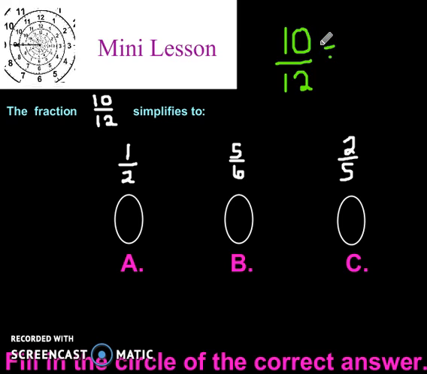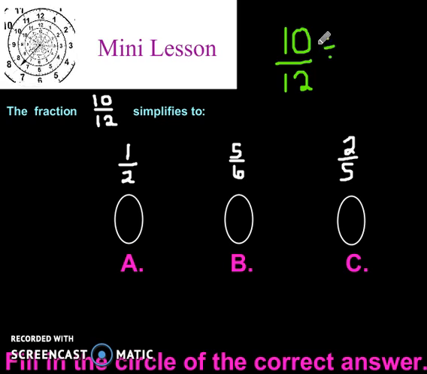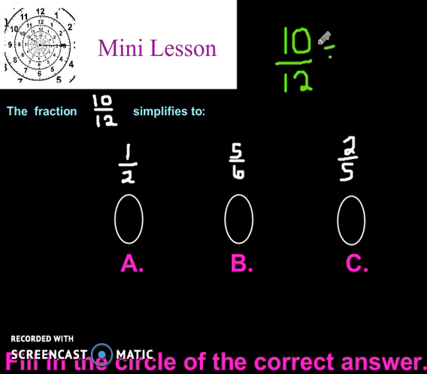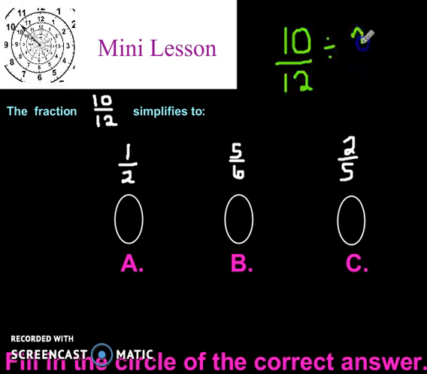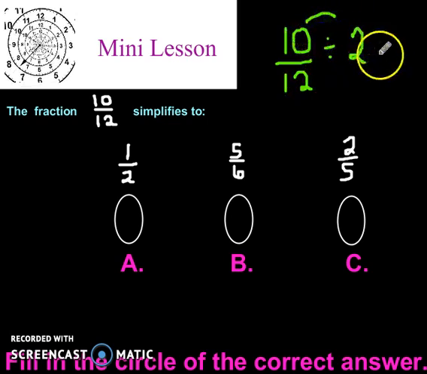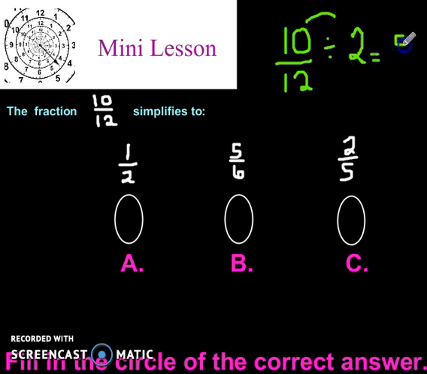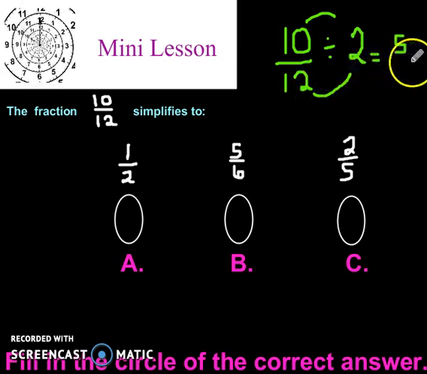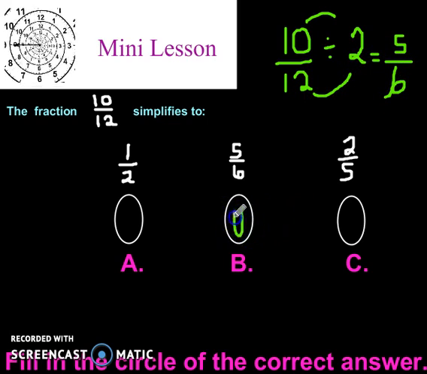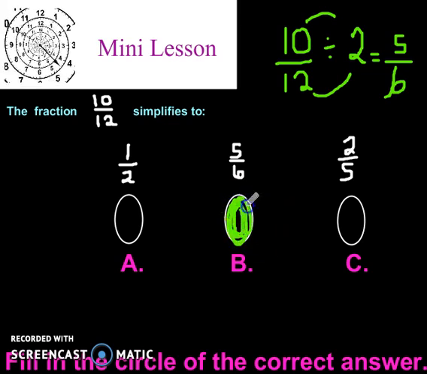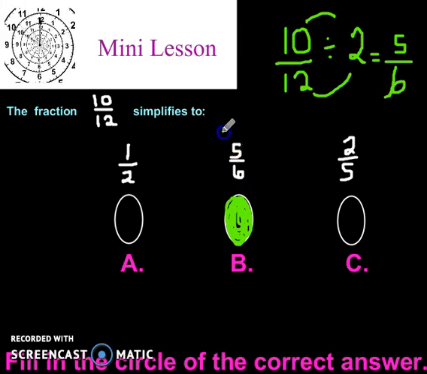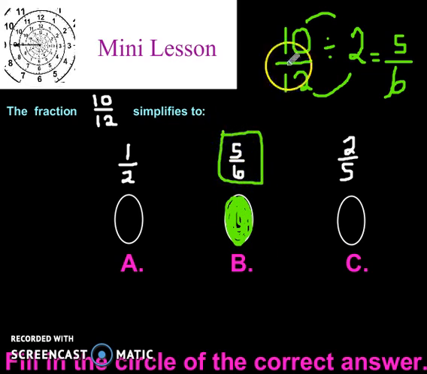And this is a pretty simple one. So the greatest common factor, or the biggest factor that these two have in common, is 2. So I do 10 divided by 2 and I get 5. I do 12 divided by 2 and I get 6. So our greatest common factor is 2, and our fraction reduces to 5/6.